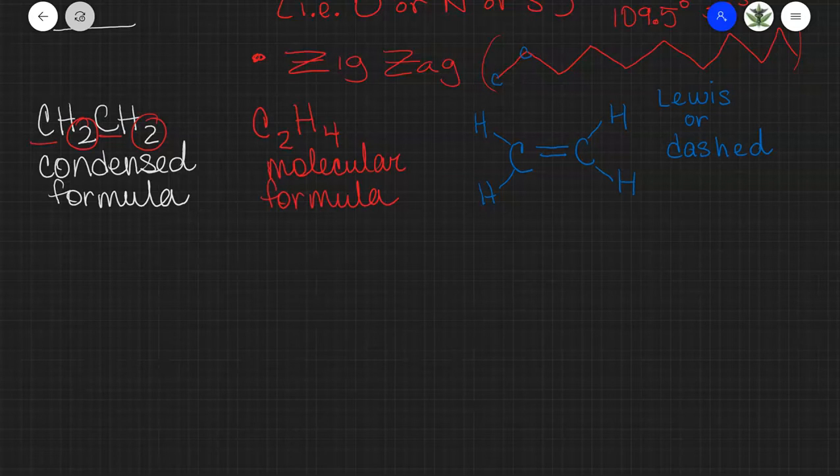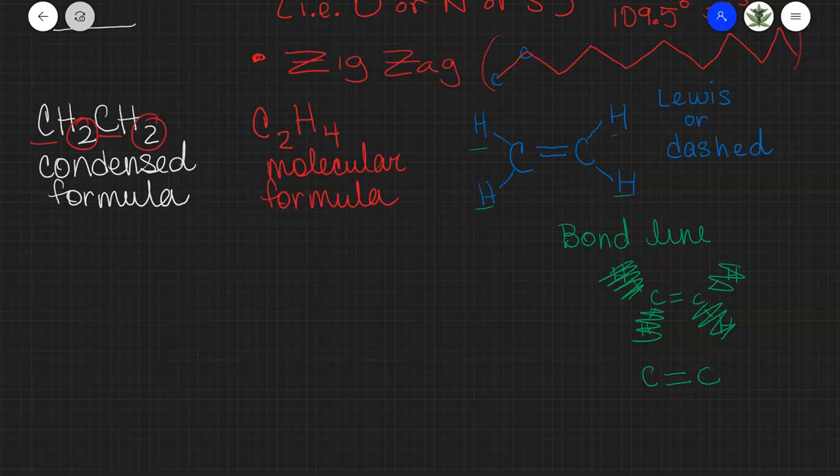And if we wanted to write the bond line, if we take away the hydrogens from the dash structure, we're left with carbon, double bond, carbon.